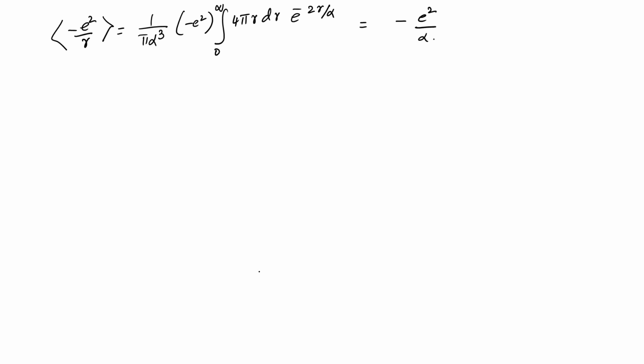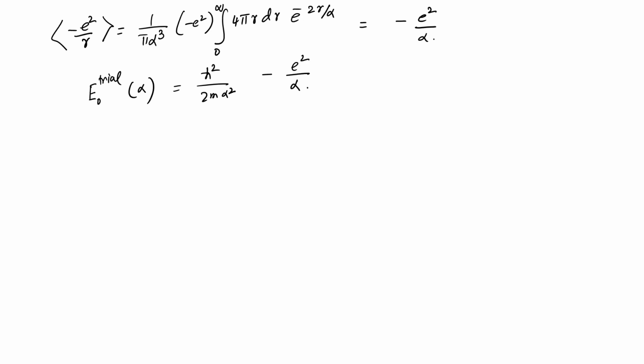Okay. So, that tells you that your E0 trial function of alpha becomes ħ² over 2m alpha squared minus e² over alpha.